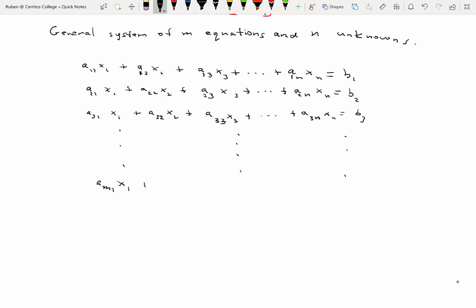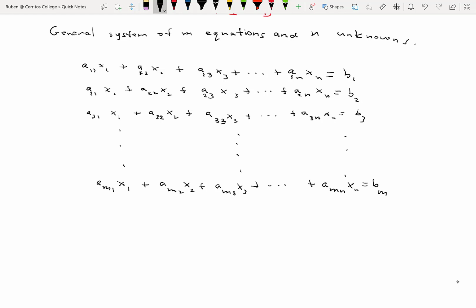So am1 x1 plus am2 x2 plus am3 x3 plus ... all the way up to the mth equation and the nth variable, so amn xn equals bm, the b value for the mth equation.